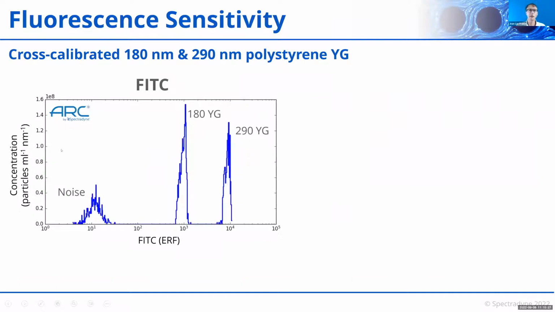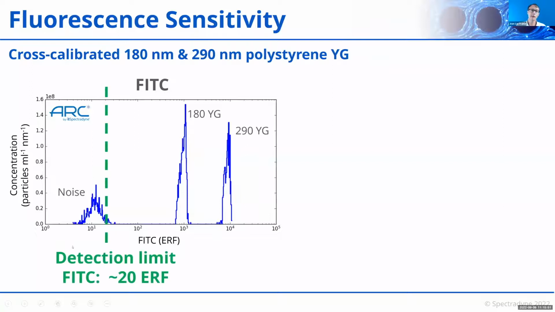Starting with the FITC channel on the left here, now we're showing the concentration versus the brightness in the FITC channel in terms of translatable units. And you can see clear populations for the 180s and the 290s at their expected brightnesses, and we can look at where the noise is in the system.